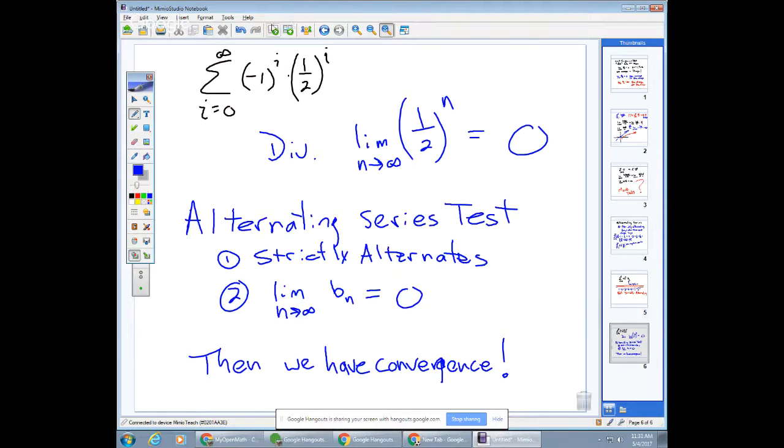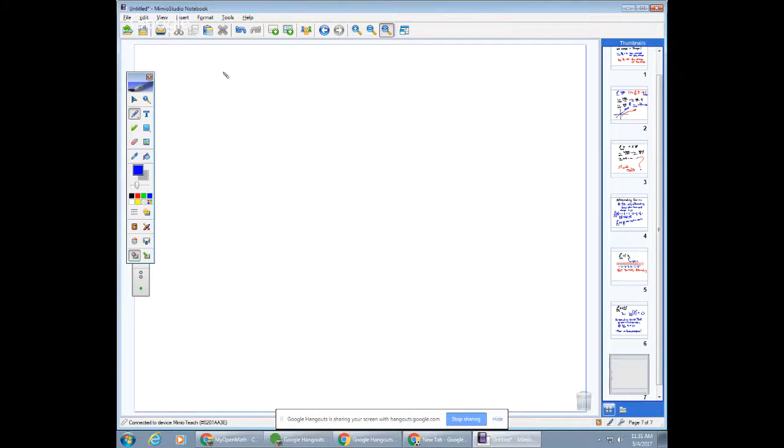Now, if I write it back in the way I did the first time, the sum as n goes from 0 to infinity of (-1/2)^n, this is a geometric series. A geometric series is when you have a fixed base to a power.